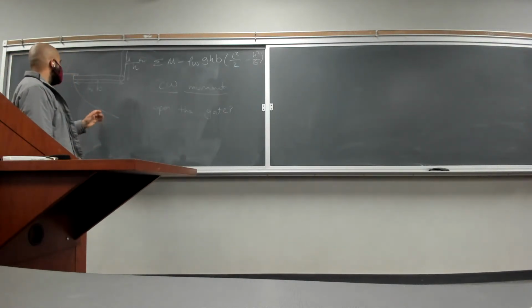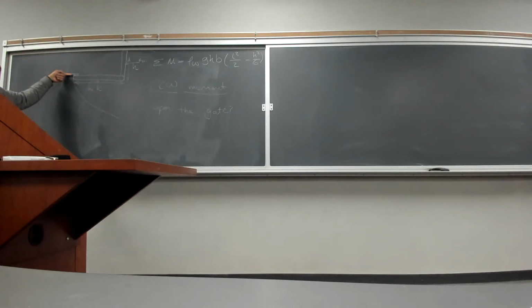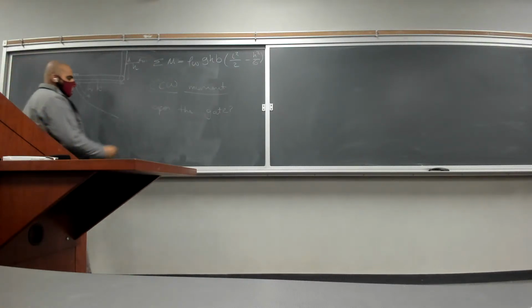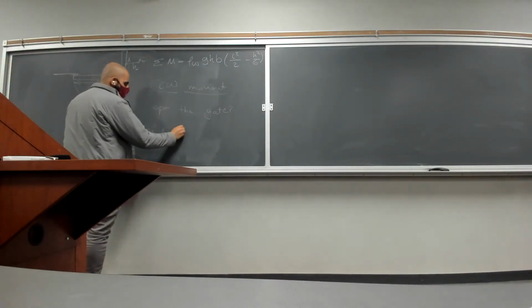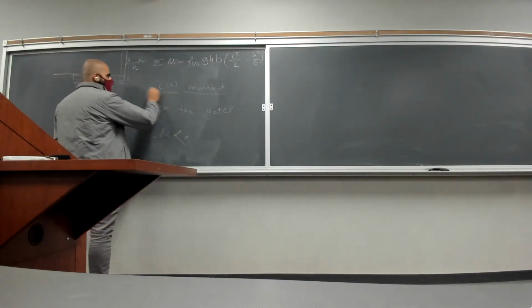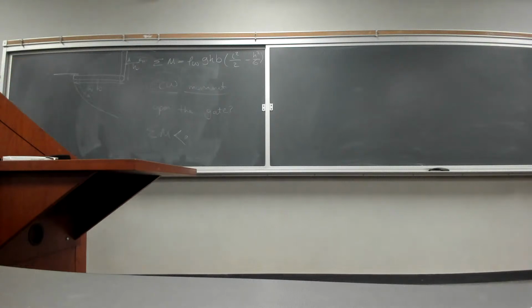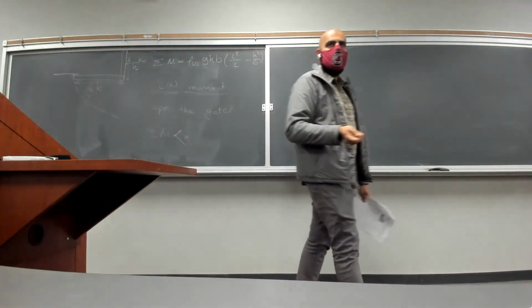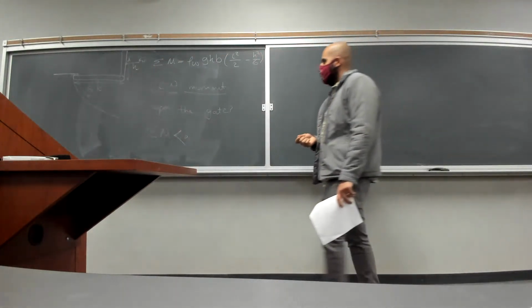We assume a clockwise moment is positive, it will get stuck here. So a positive moment cannot open the gate. We need to have a negative total moment so the gate moves in this direction, right? So your sigma M has to be negative, or the total has to be in the counterclockwise direction. And keep in mind that this is our sign convention. We assume clockwise moments are positive, counterclockwise moments are negative.